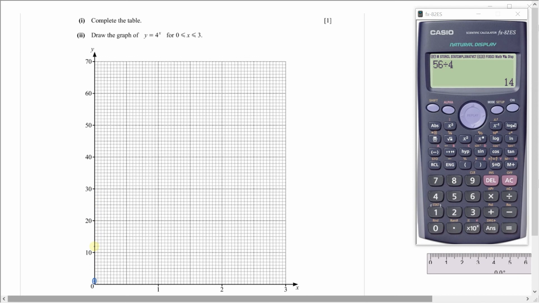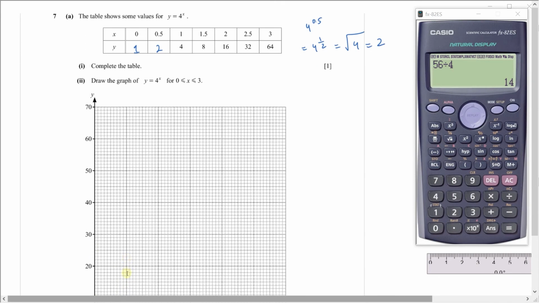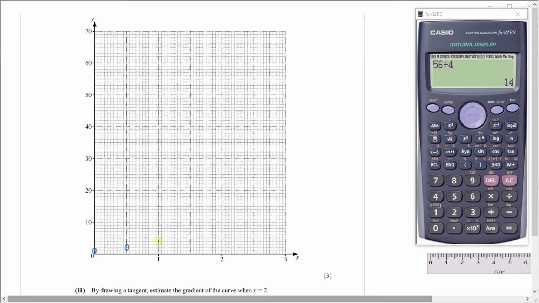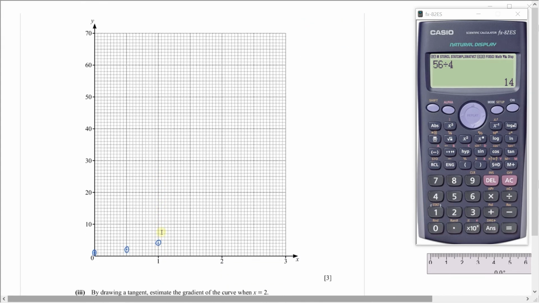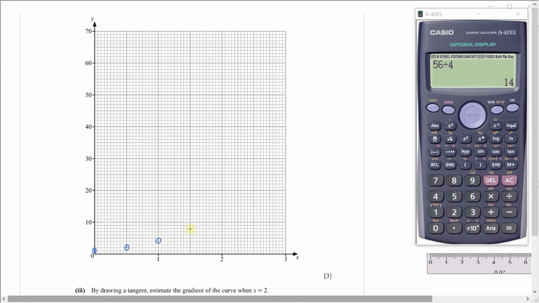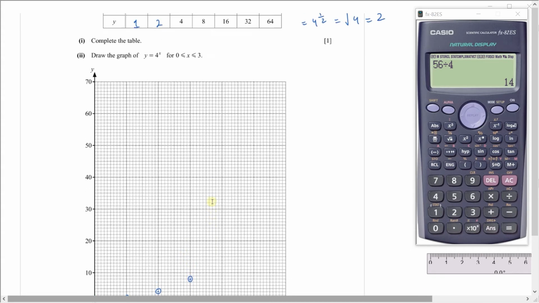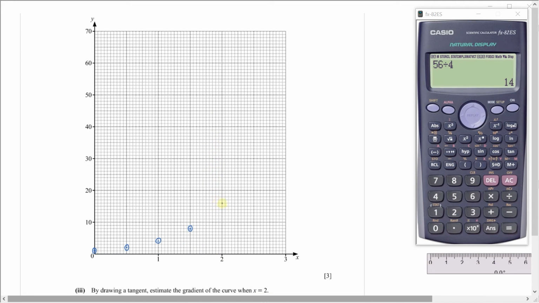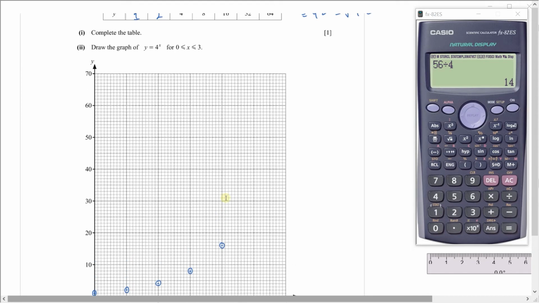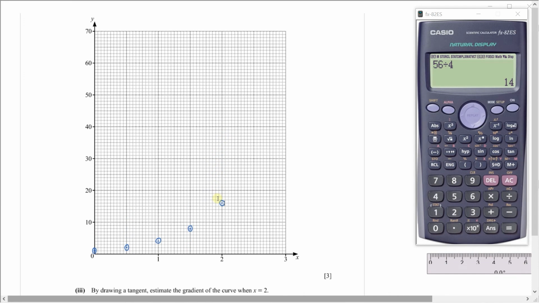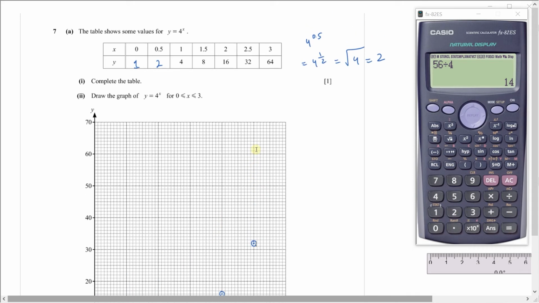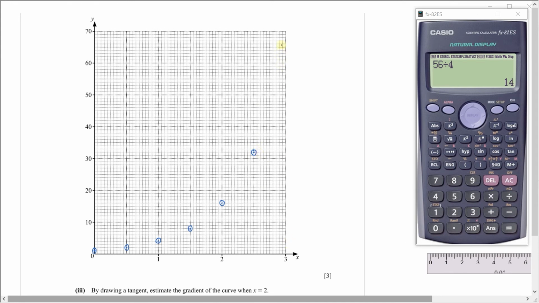The next is 0.5 and 2, which will be this point here. 1, 4. 1.5 and 8. 2 and 16 will be this. 2.5 and 32 will be this. And then you have 3 and 64, which will be this point here.